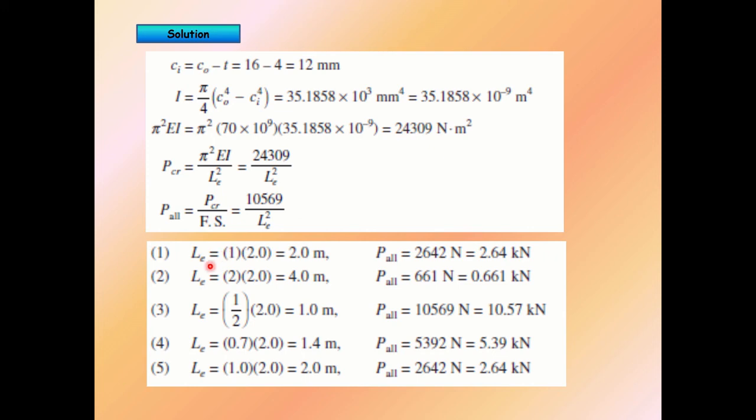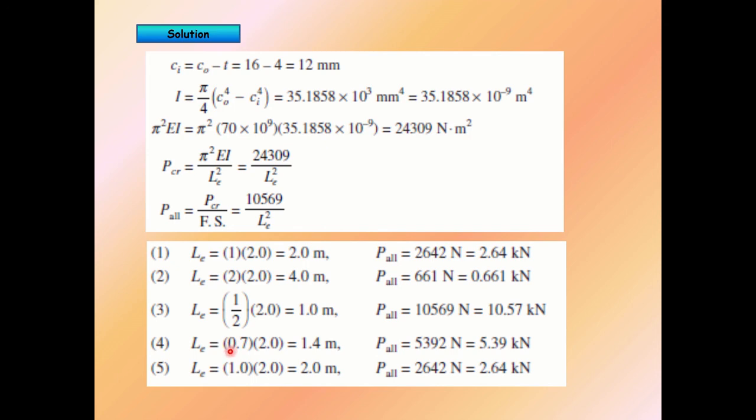Refer to the figure of load applied at the column. The n value for the first figure is 1, so the L effective is 0. Figure number 2, the n value is 2, the L effective is 0. The third figure, the n value is 0.5, so the L effective is 1.